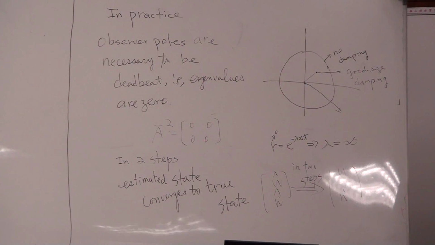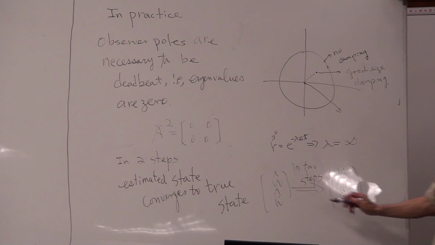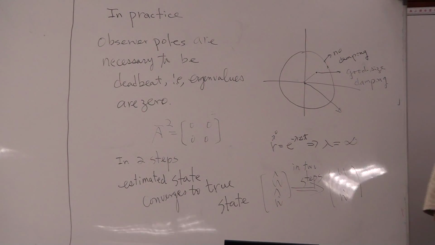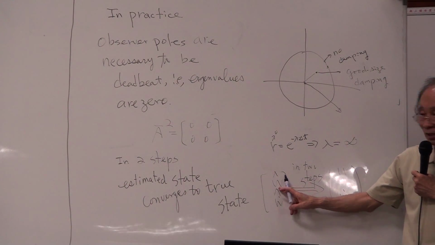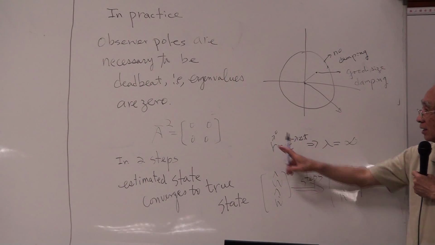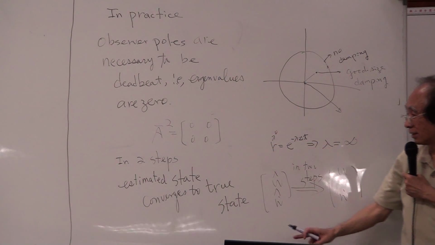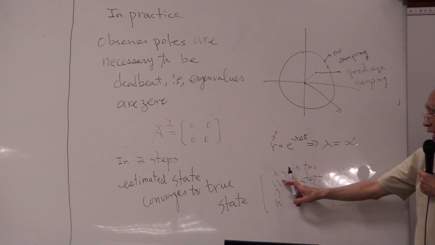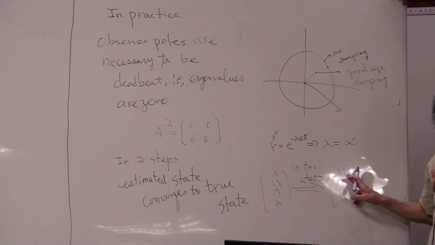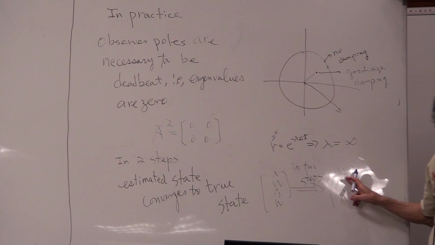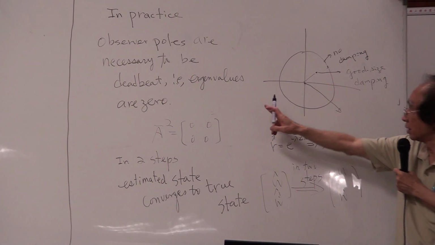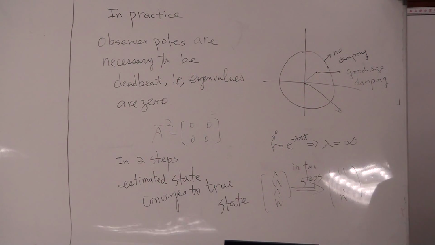So that's the question that was asked: should we use W or W hat? If I get that, it doesn't matter. For this only 2-state system, in 2 steps I will get the true one. So either you use W or W hat, it doesn't matter, because this will become the true one if my observer poles are at zero.